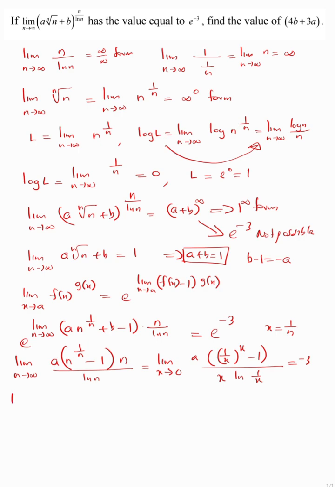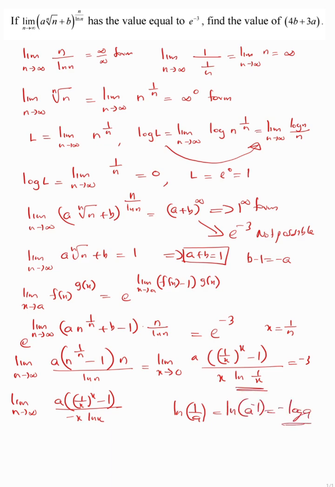Now limit a into 1 by x raised to x minus 1 divided by minus x ln x. Log 1 by a is log a power minus 1, which is minus log a. So log 1 by x can be written like this, minus log x. I used that result here. So I got this. Now what is the next step?